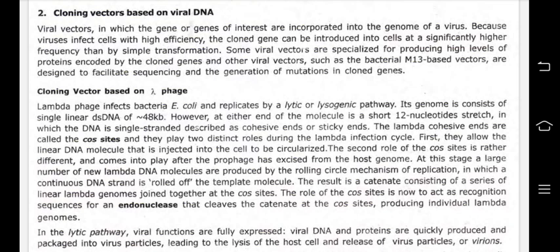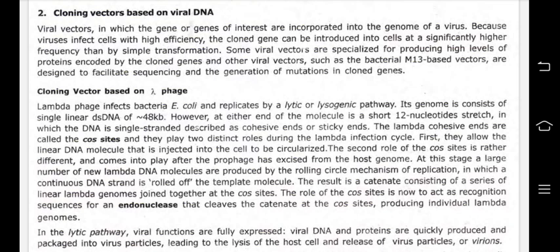First, they allow the linear DNA molecule that is injected into the cell to be circularized. The second role of this cos site is rather different and comes into play after the prophage has excised from the host genome. At this stage, a large number of new lambda DNA molecules are produced by the rolling circle mechanism of replication, in which a continuous DNA strand is rolled off the template molecule.